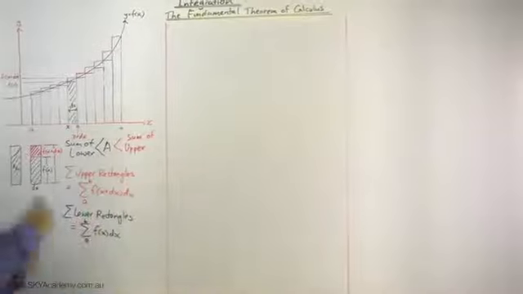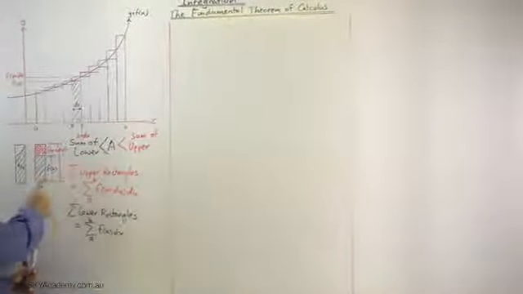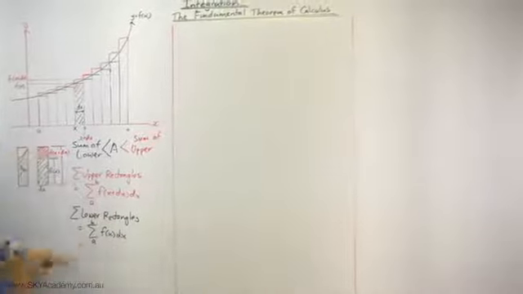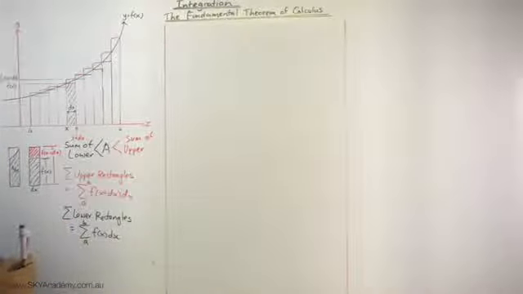Does that make sense? Because you've got f of x here and dx there, so it's the sum of all the rectangles from A to B. Does that make sense?